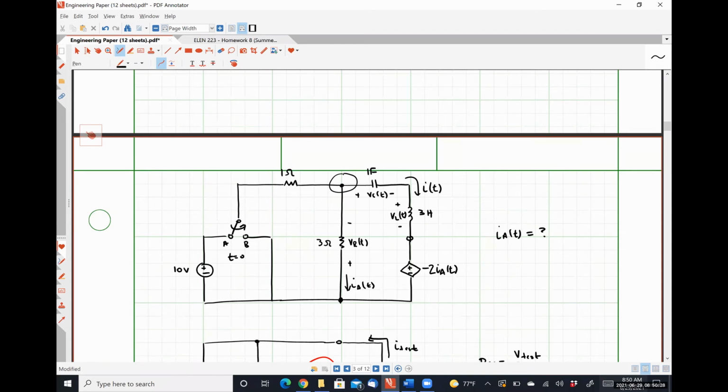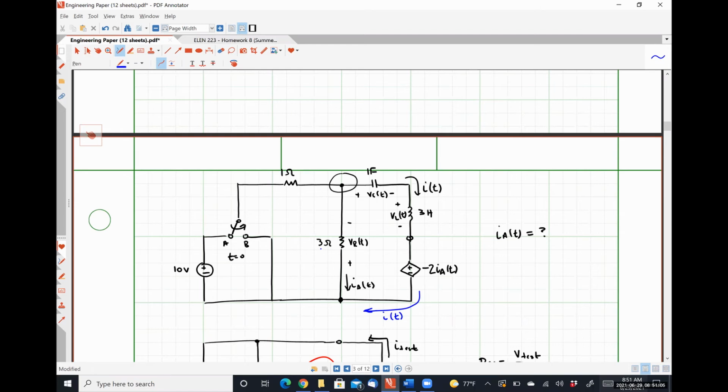I think that we can use just that current I of t like you suggested, but approach it in a slightly different way where we don't have to determine that voltage. So what I mean by that is the same current I of t is flowing through the rest of those elements in series, and it sees a 3 ohm resistor in parallel with a 1 ohm resistor.